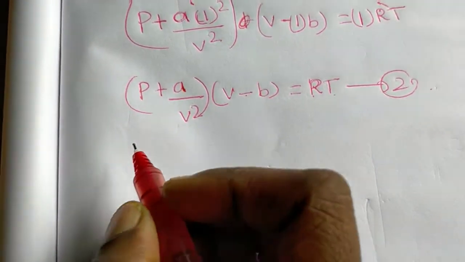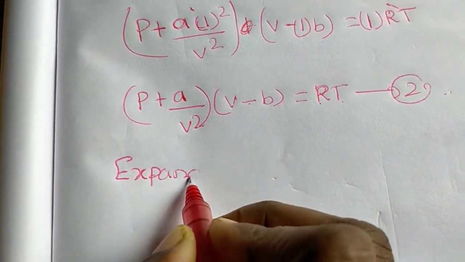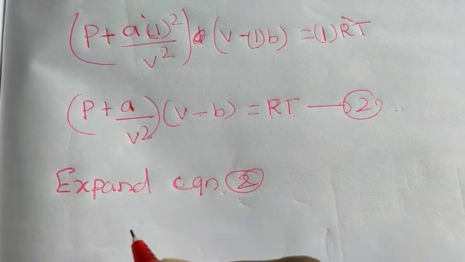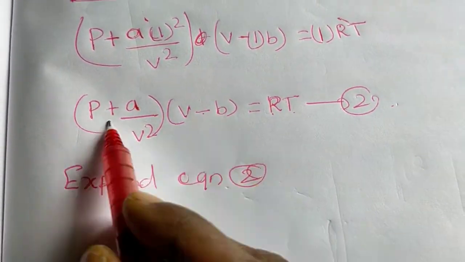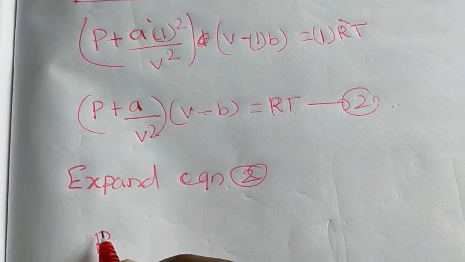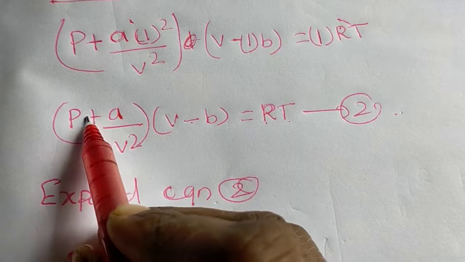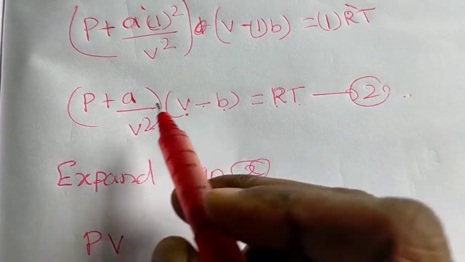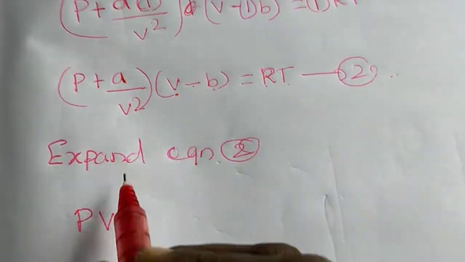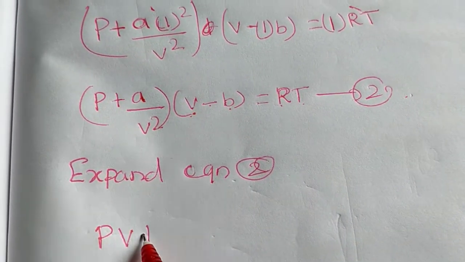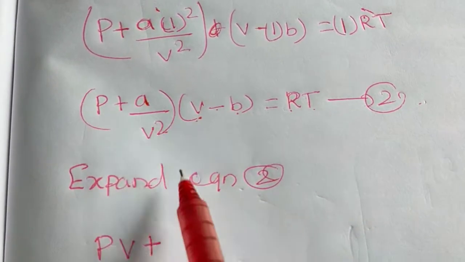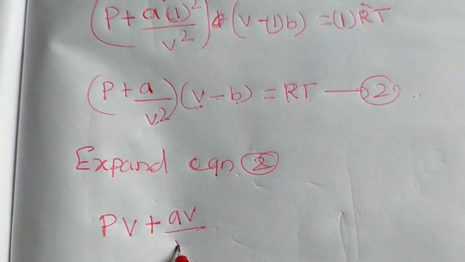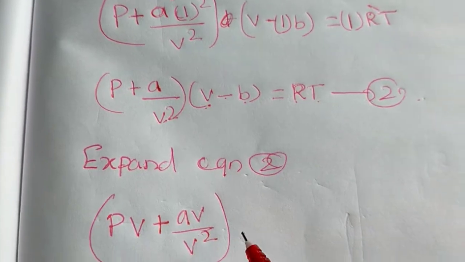Next step, expand equation 2. How do we expand it? Multiply the P plus a by V squared first with V: P into V gives PV, plus a V divided by V squared, put that in a bracket.